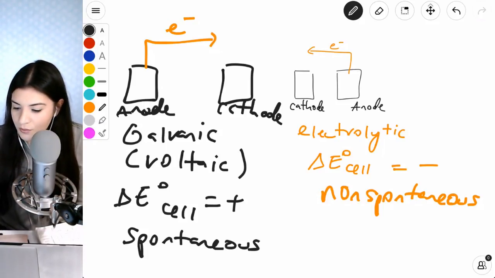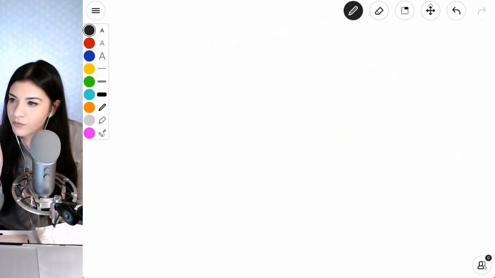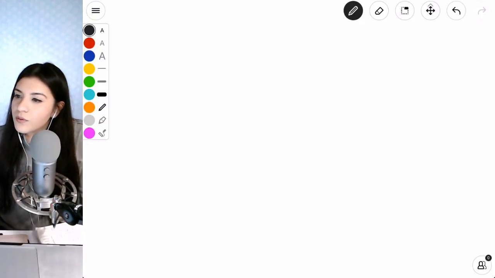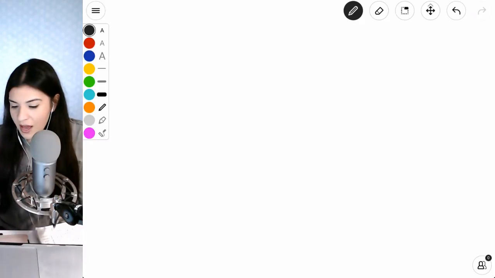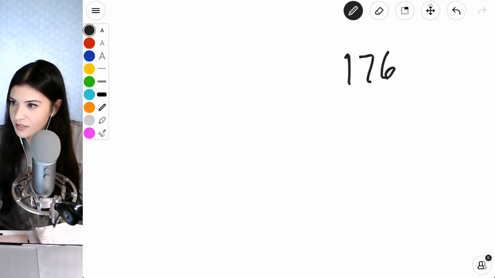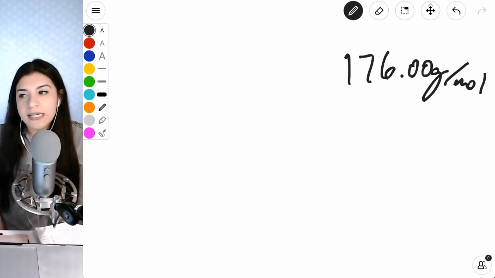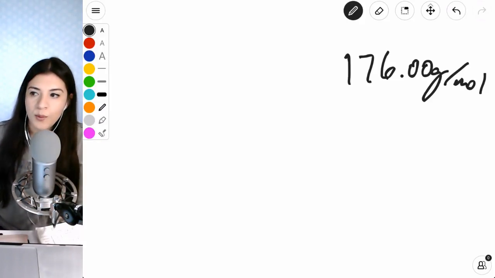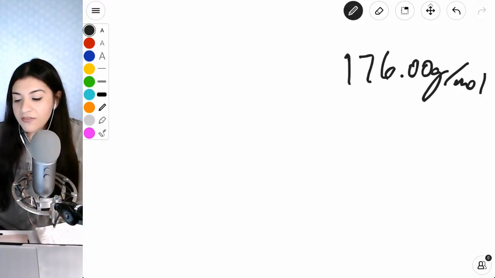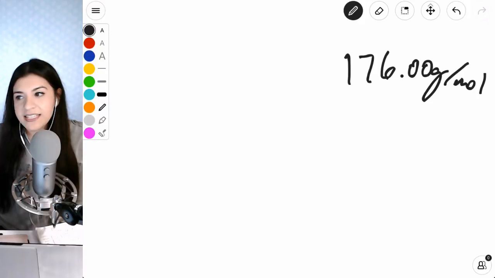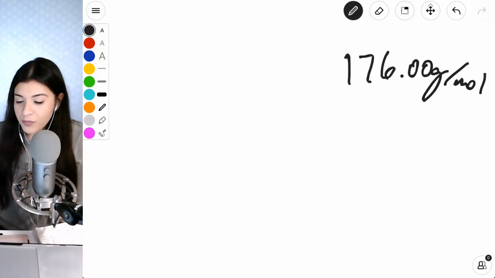And let's see what we have here. I think it's empirical formulas and molecular formulas. So we are given the molar mass of serotonin, and that's 176.00 grams per mole. As a side note, whenever you're looking at these types of empirical and molecular formula questions, if they give you the molar mass, that's going to be used to find our molecular formula.